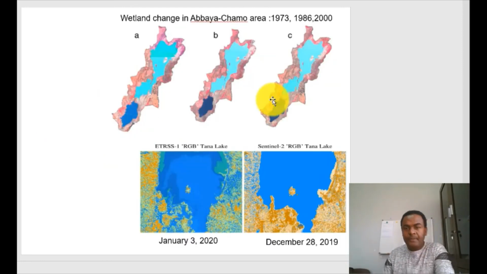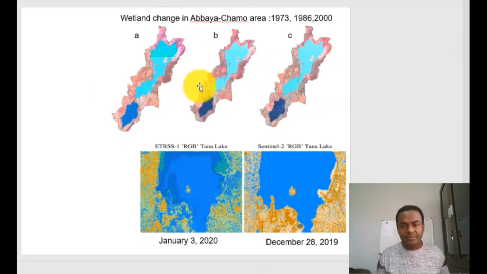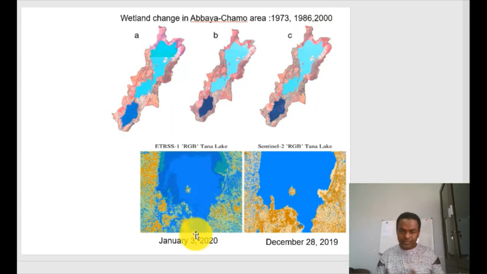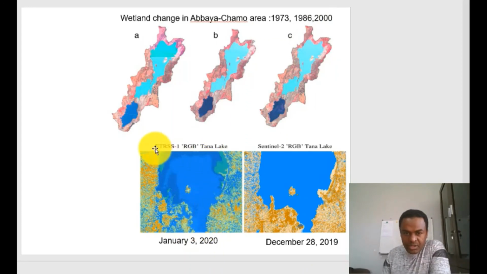This is the best example of wetland change in the Abaya-Chamo area in 1973. It looks like this in 1986 and in 2000. This is also a recent image taken from the Ethiopian remote sensing satellite 1 for Lake Tana, and from Sentinel-2.